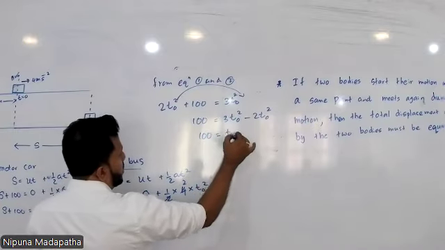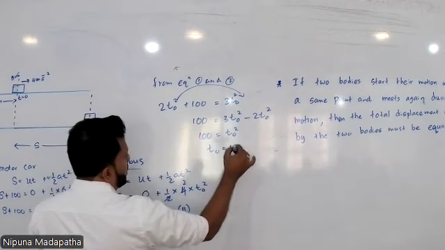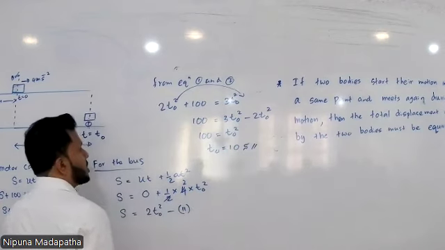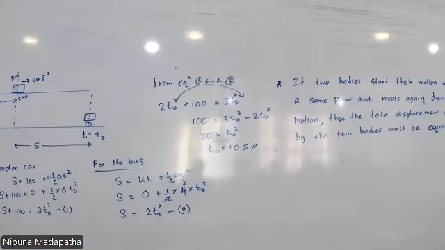So 100 equals t naught squared. t naught is 10 seconds.